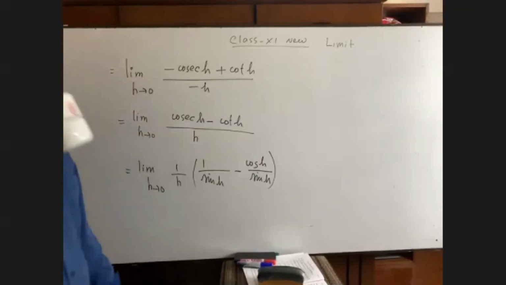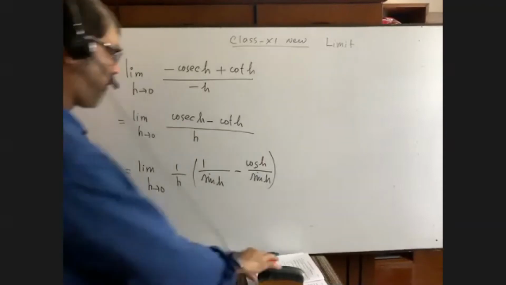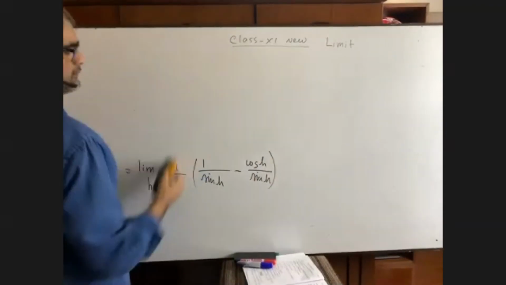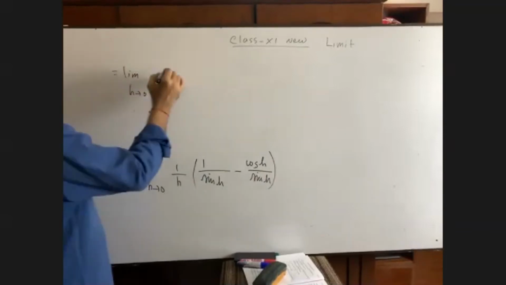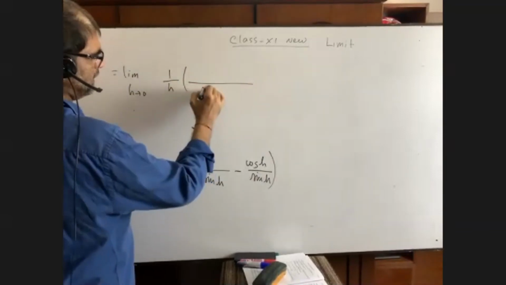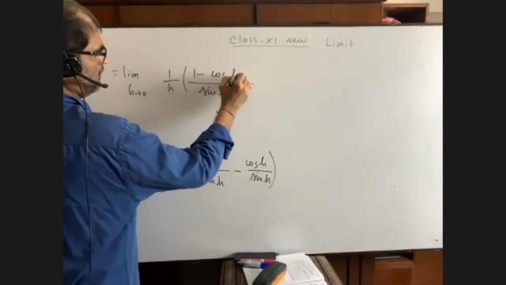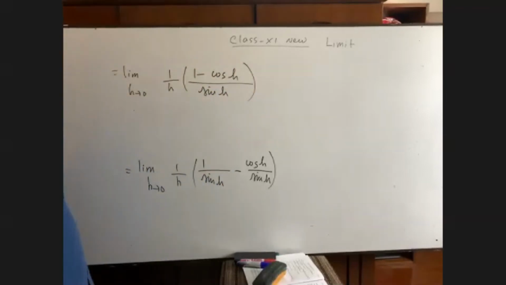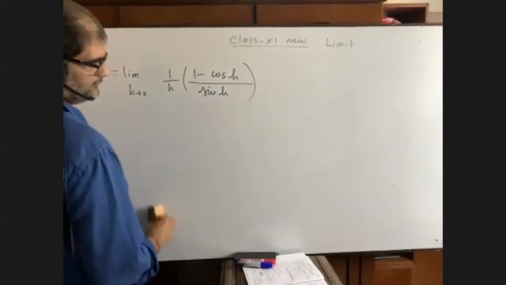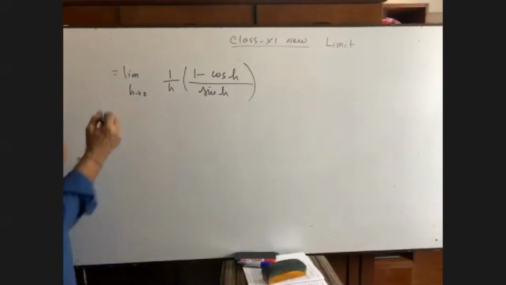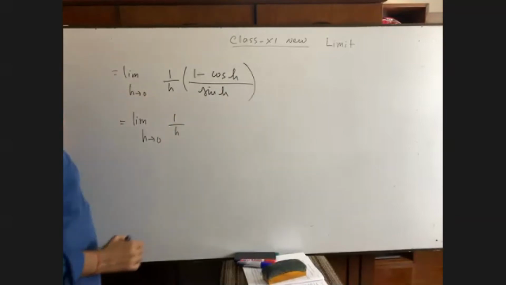Now you please calculate it. Is equal to limit h tends to 0. We are getting this, 1 minus cos theta.